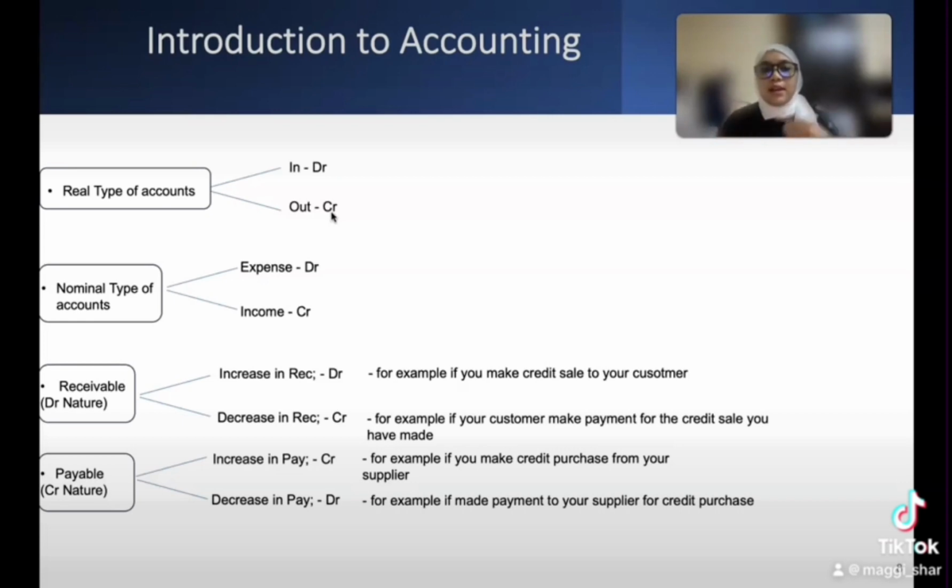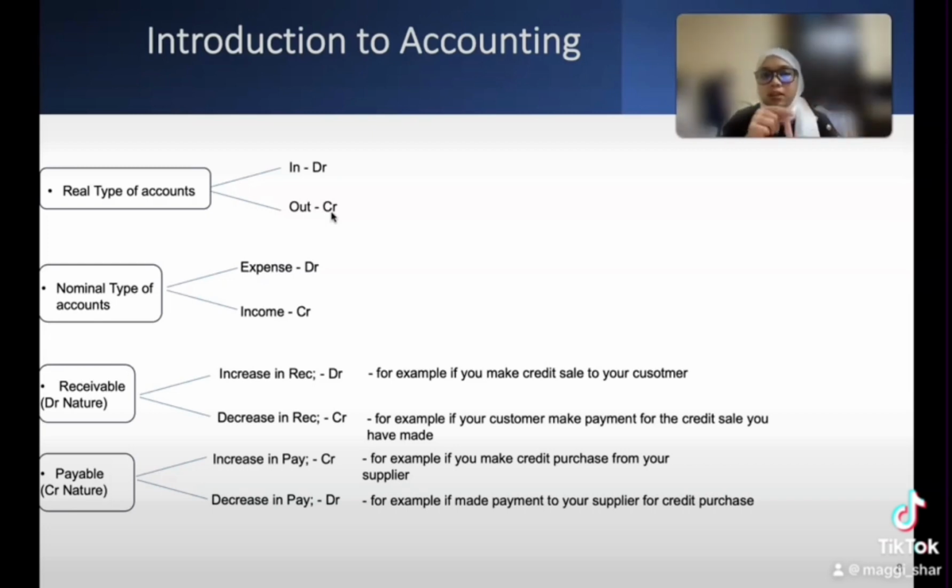As we explained in the previous slides, every transaction needs to have two sides. One is debit and one is credit. One is receiving and one is giving, right? So we bought a car. What do we receive? We receive a car. What are we giving? We are paying cash. So one we are receiving a car, one we are giving cash.